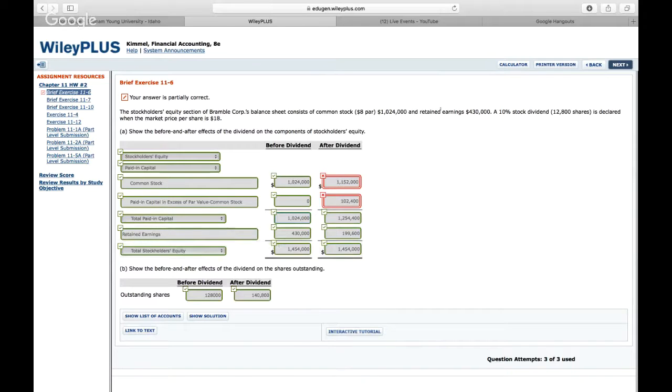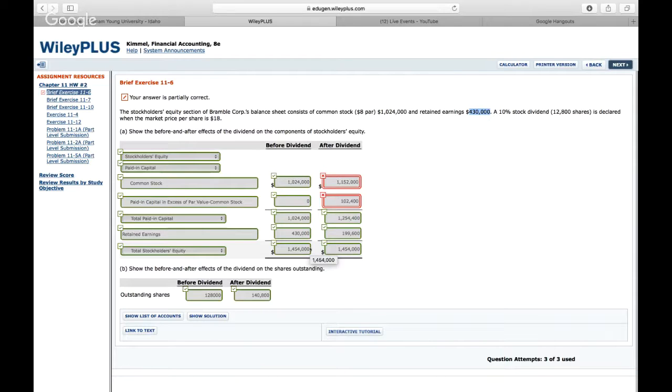Then retained earnings was given to us, and it's 430,000. So we put that there, and we add the 1,024,000 plus the 430,000 of retained earnings, and we get 1,454,000.